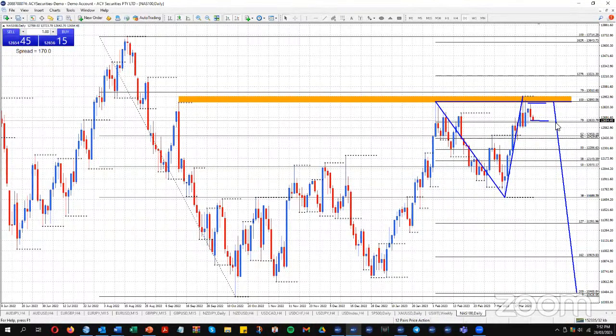So you can monitor that. It's looking like a reversal for sure. Well, not for sure, there's never a 100% surety, but if I'm just doing my analysis, I would have to say it looks like a reversal.